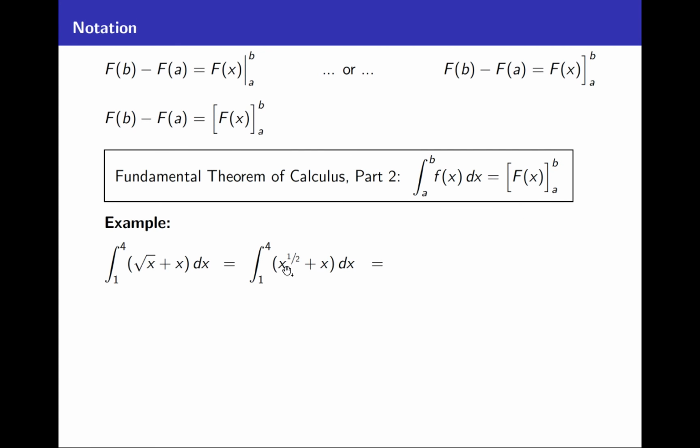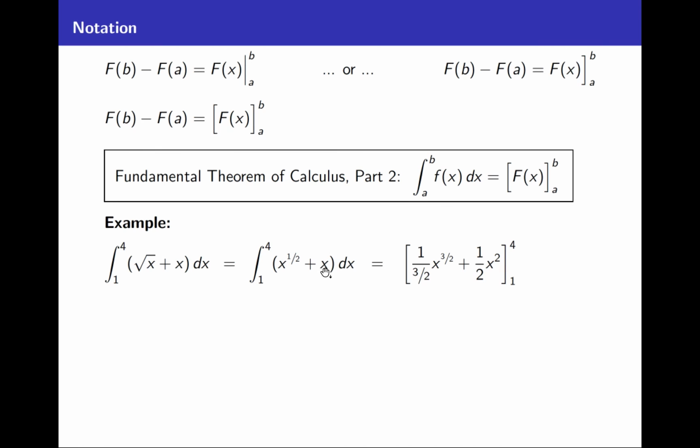Okay, antiderivative of x to the 1/2 plus x. Well, that's x to the 1/2 plus x to the power of 1. You could get an antiderivative of both of these terms, these powers of x, with the power rule for integration. So an antiderivative of x to the power of 1/2 would be x to the power of 1/2 plus 1, which is x to the power of 3/2, divided by 3/2.